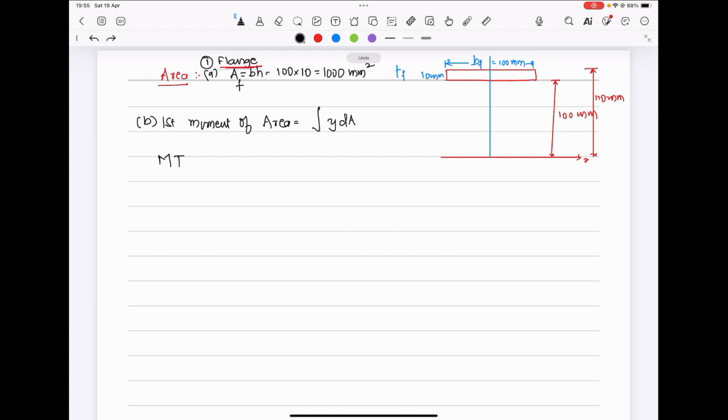First moment of area of the flange is equal to double integral y dy dx.